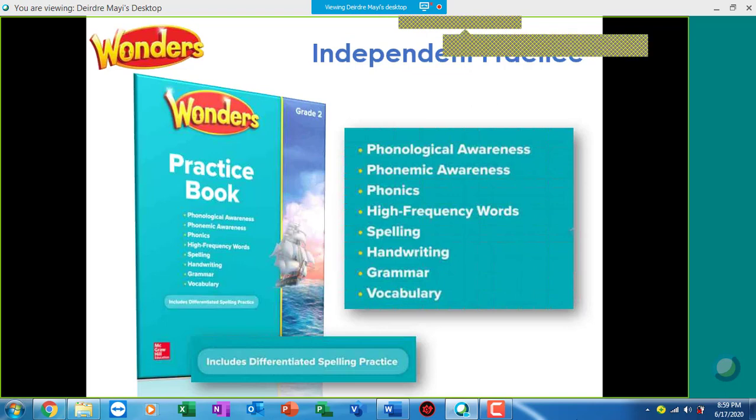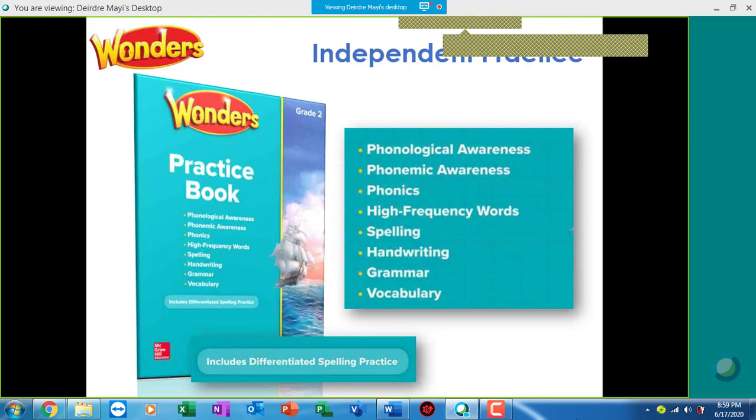Just a word about spelling. The spelling is differentiated. So there is on-level, approaching level, and beyond level spelling. But please keep this in mind. It doesn't matter what level the student is on. The student will always see the phonics pattern that is being focused upon in all of the spelling words.